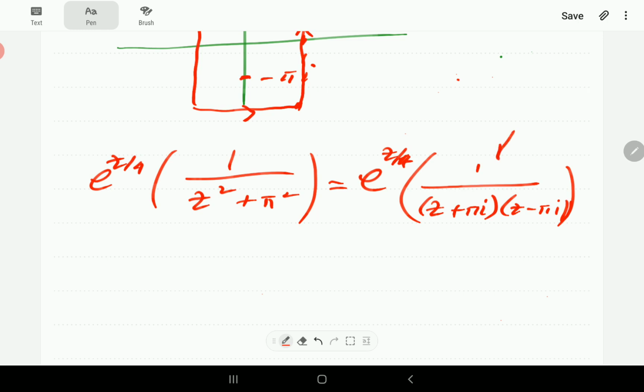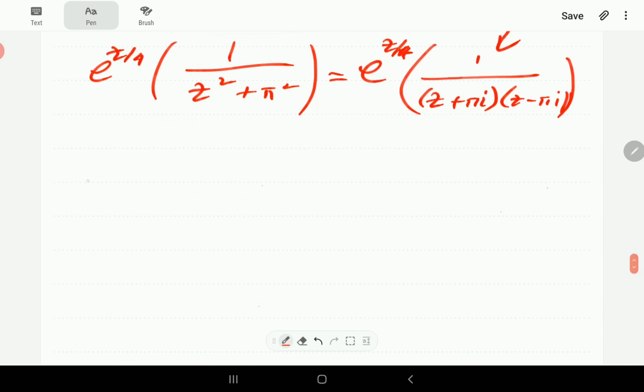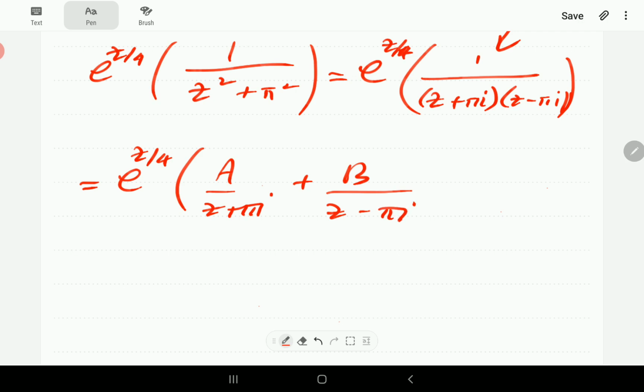And then we are going to resolve these into partial fractions. Okay, so we're going to write this as a over z plus pi I plus b over z minus pi I, and then look for a and b. I am not going to do that because it's a first year's skill.